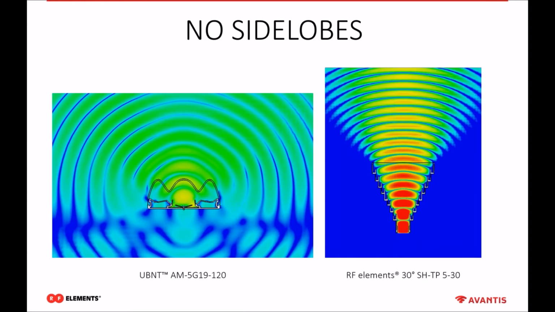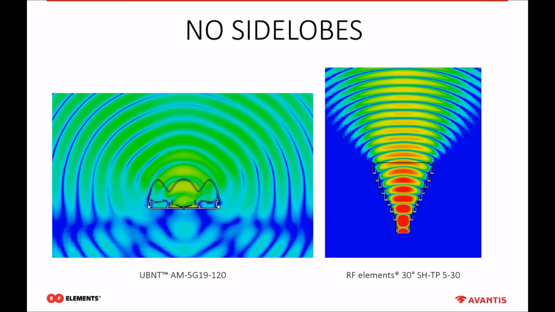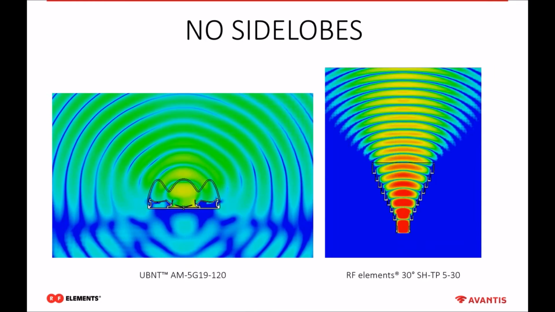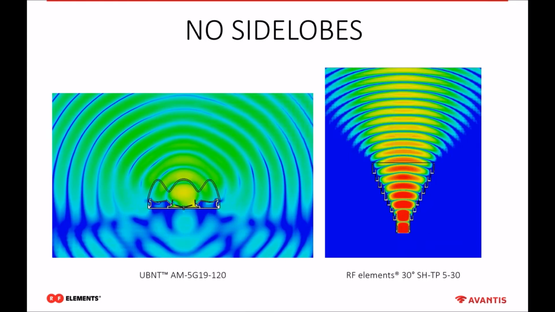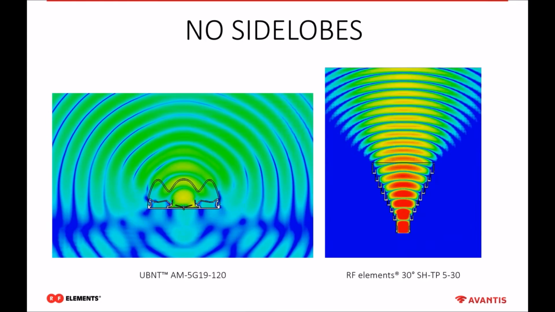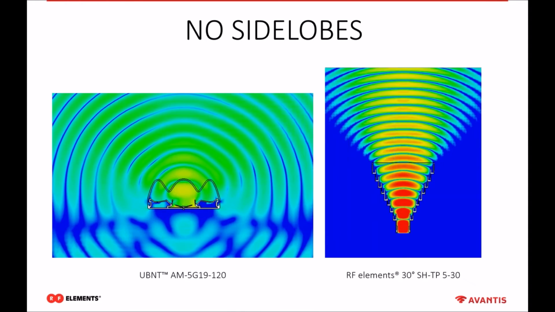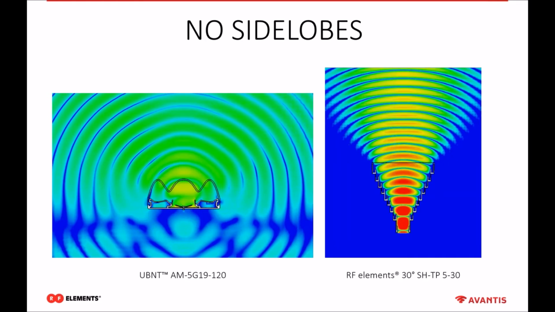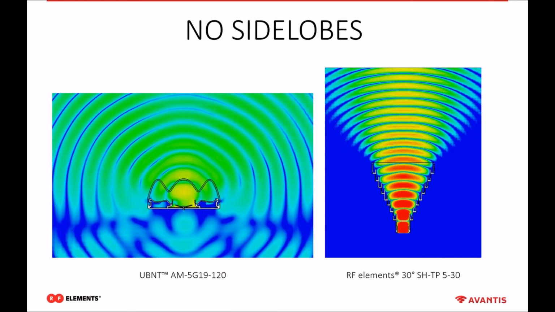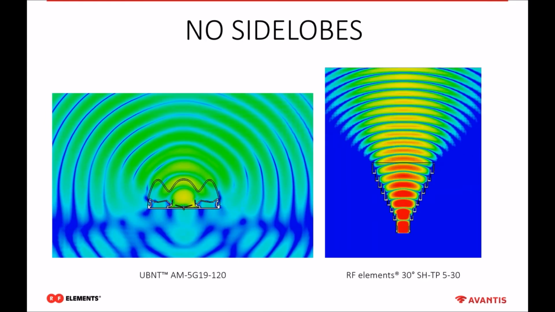For those who don't know what side lobes are, you can see the blue things on the back side of the antenna as well as on the side. This is the back and side lobe radiation, and this is what causes a lot of RF pollution, and this is unwanted radiation.